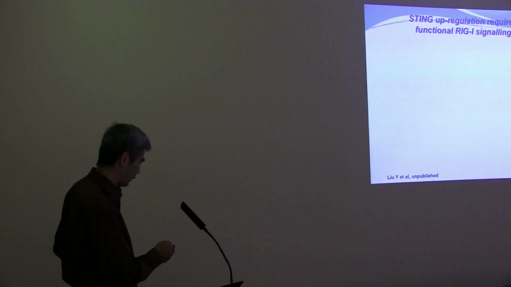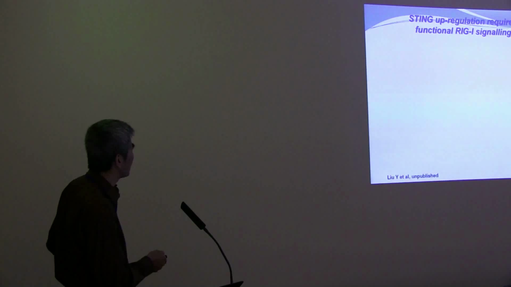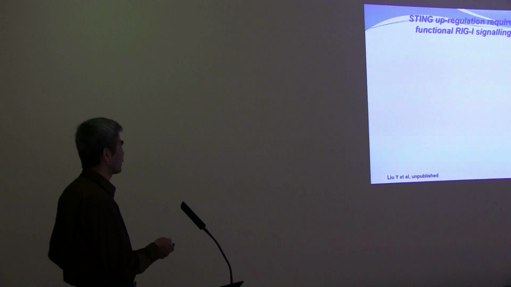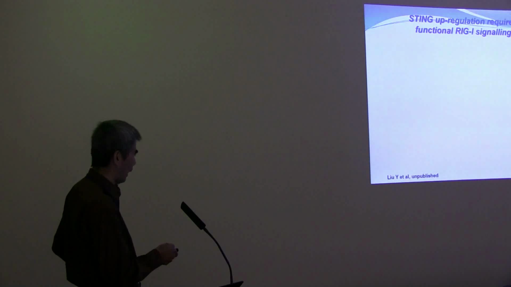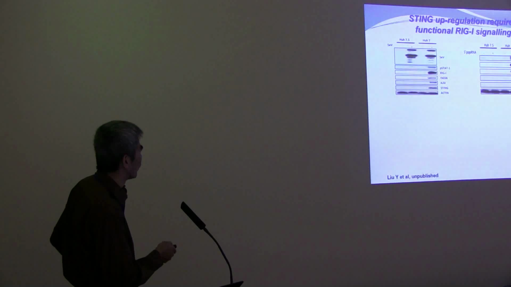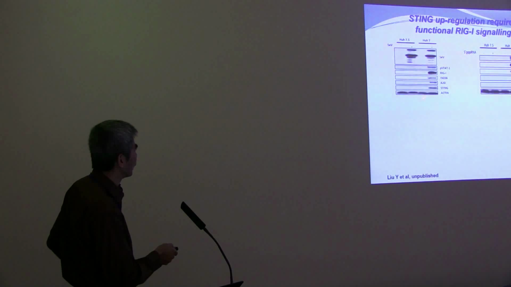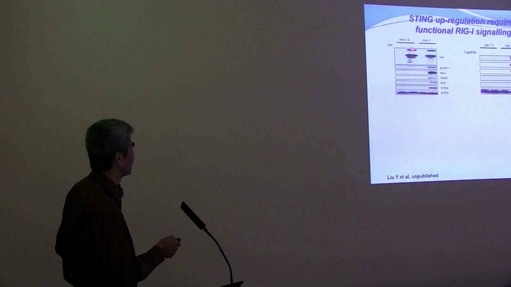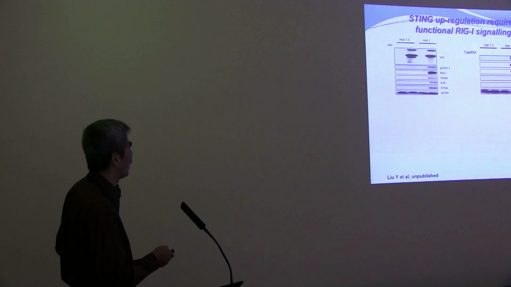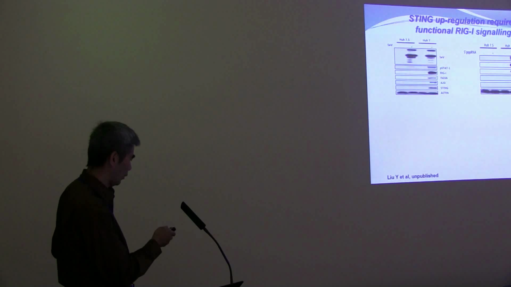And to determine whether the virus-mediated STING induction is through the RIG-I pathway, first we use a RIG-I mutant cell, Huh7.5 cell. Huh7.5 cell is derived from the Huh7. The only difference is this Huh7.5 cell carries a mutation in RIG-I.